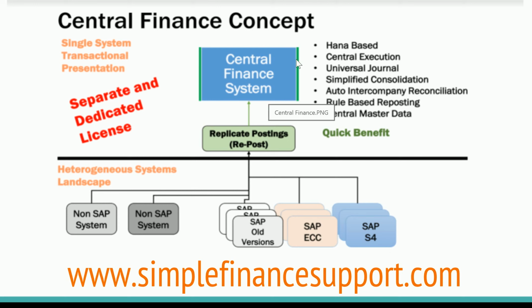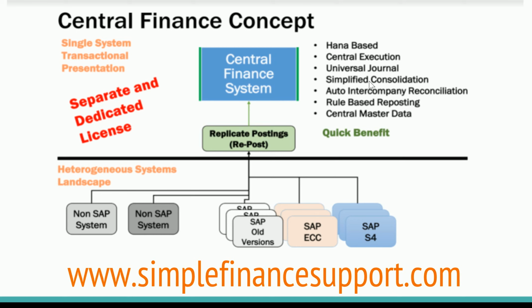Okay, so the central finance system is HANA based, and all the journals that you post are reflected in the universal journal, and the central execution of processes is there. Also it's a kind of simplified consolidation.